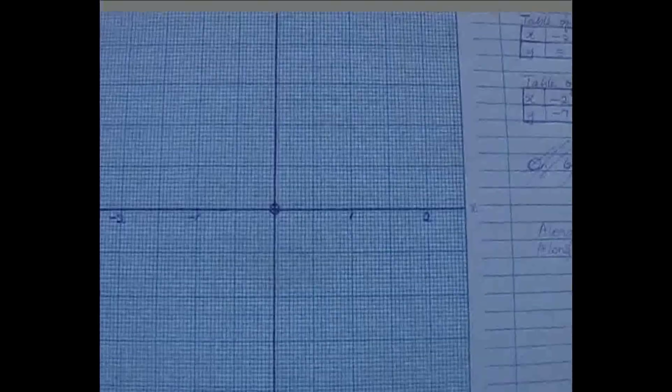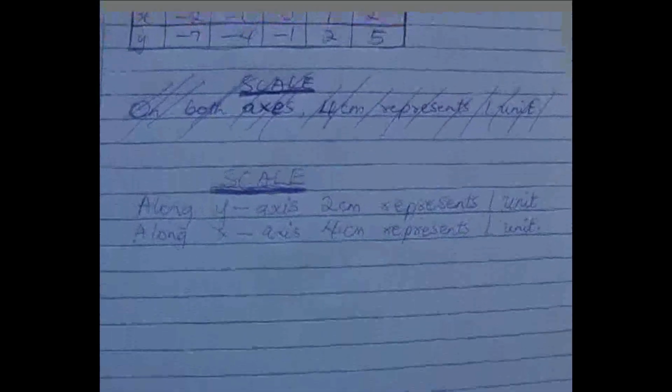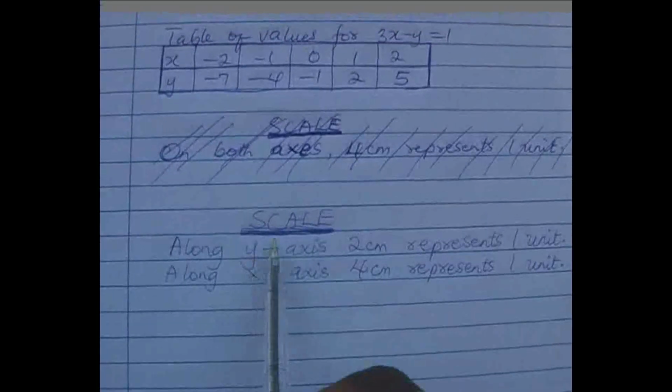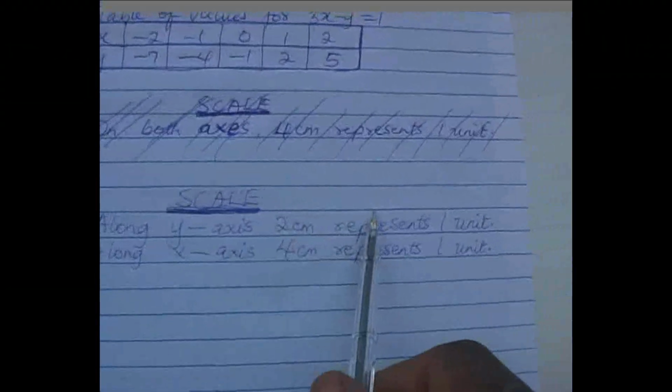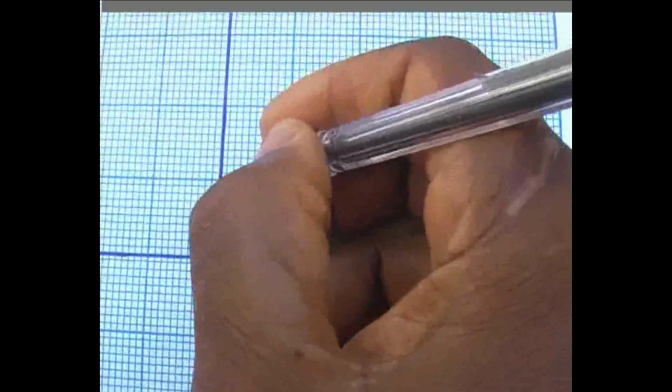Then the next thing we do now is to calibrate the y-axis. On the y-axis, our scale is 2 cm represents 1 unit. From here to here is 2 cm, so you have +1 up. The next one will be 2.